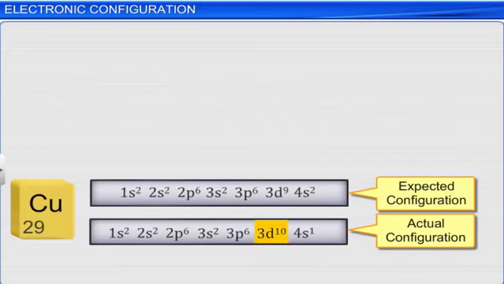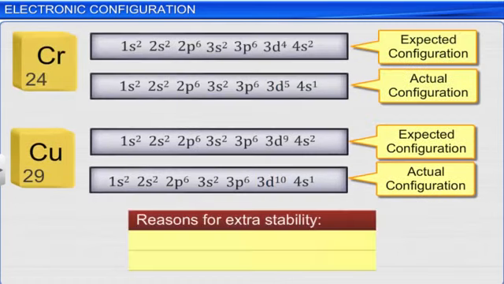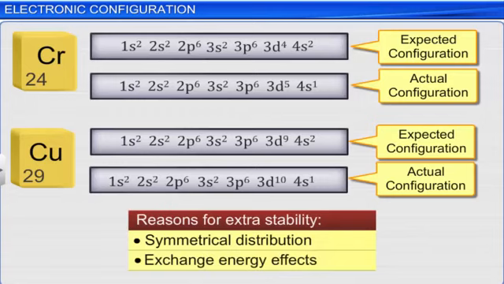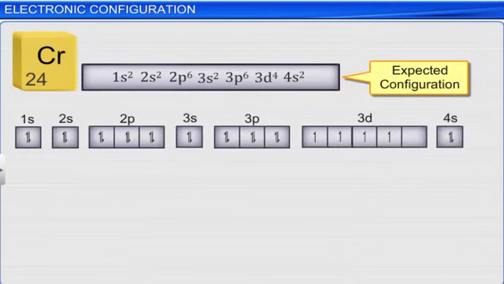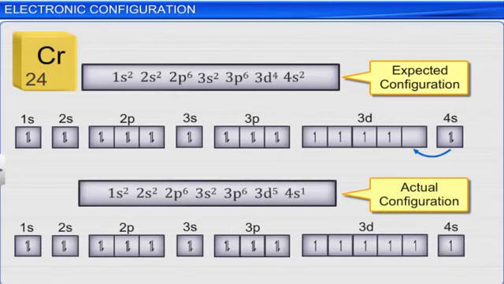The two reasons for the extra stability of half-filled and completely filled subshell configurations are the symmetrical distribution and exchange energy. From the expected electronic configuration of chromium, if one of the 4s electrons shifts to the vacant 3d orbital, the distribution of the electrons will become more symmetrical and this will impart extra stability.